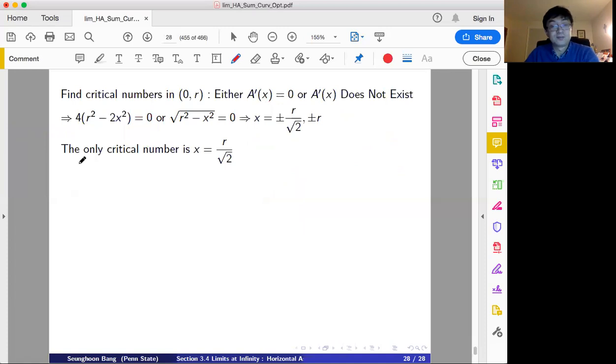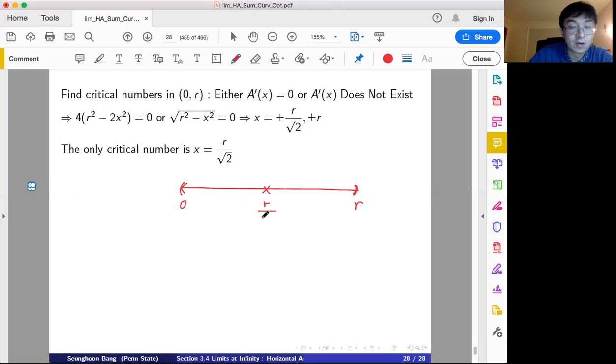So next, you can check: do we have a maximum or minimum? The domain is 0 to r. The critical number is r over square root of 2. You can plug test numbers into A prime of x.